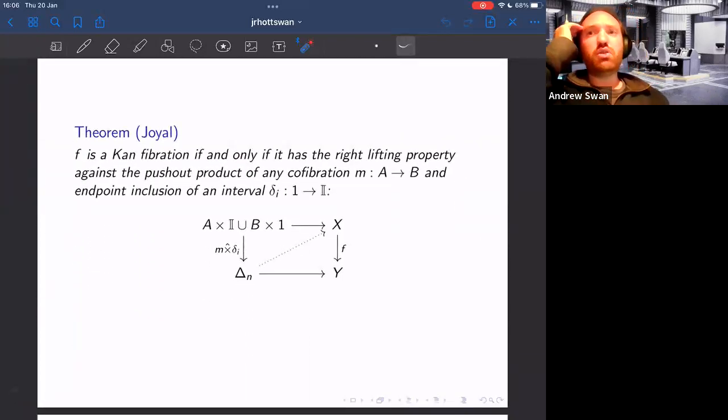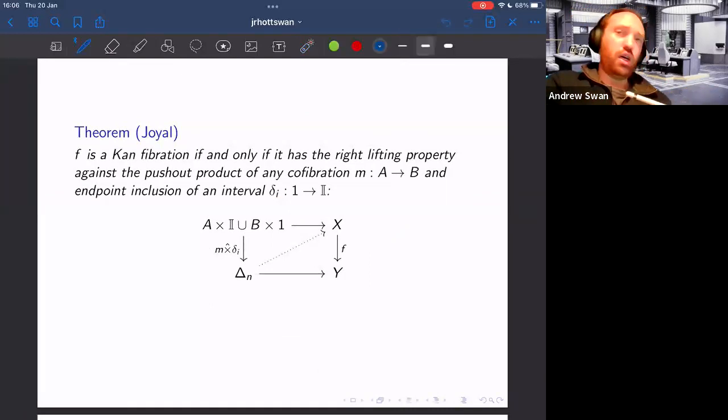And so here's one other definition of Kahn fibration, which in classical homotopy theory is equivalent. In this case, again, this is defined using lifting properties. So it's saying it has the right lifting property against a certain class. But this time, in simplicial sets, we have an interval object.